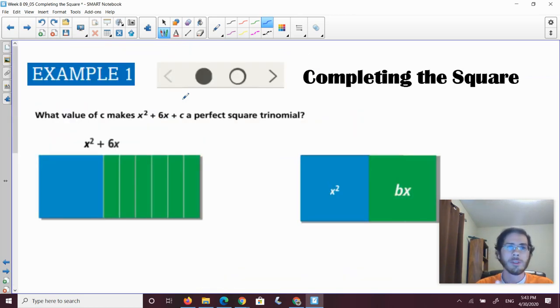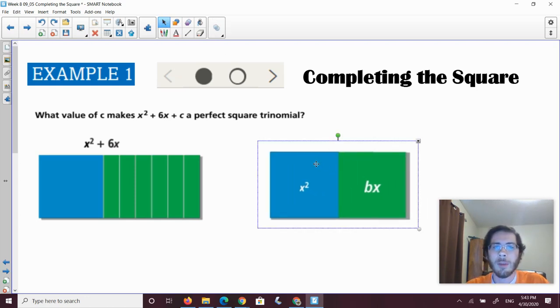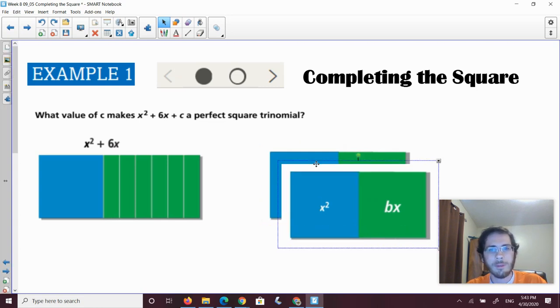So that brings us to example 1, where we have to complete the square. This is the big thing. We get to find out what value of c makes x squared plus 6x plus c a perfect square trinomial. That means we're making a square. It looks like they gave us some algebra tiles. So I'm going to say, if I have to make a square, I've got my x squared and my bx.